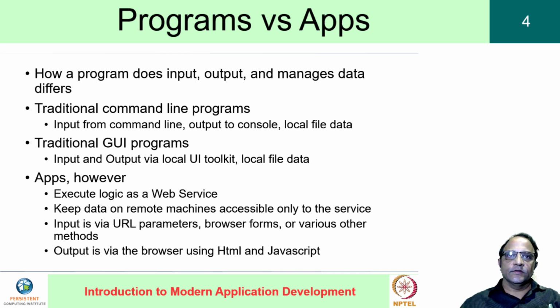Besides these differences, where some of the processing, or we should say most of the interesting processing, is happening remotely, there are also differences in how input and output occur. So the input is in the form of parameters or in the form of browser forms, and the output is usually HTML and JavaScript that the browser can understand.